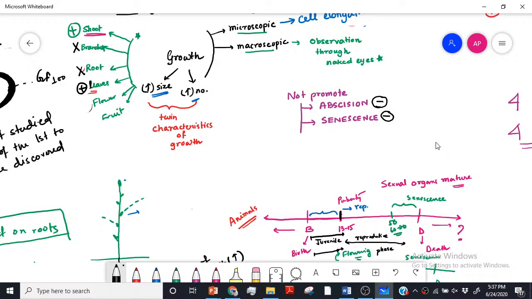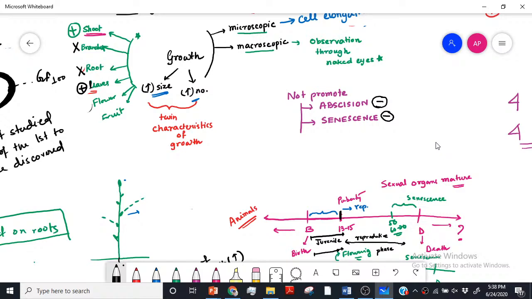Flower and fruit discussion to begin. Yeah, I was talking about the BD segment, and in that BD segment, the rate of growth in the juvenile phase is increased by plant growth promoters, right? That I told you, isn't it? All the plant growth promoters increase the growth.